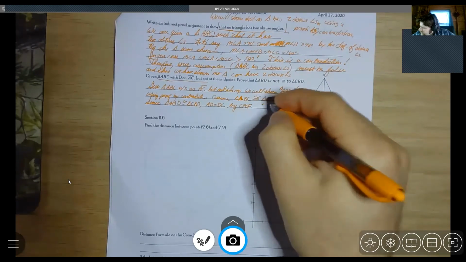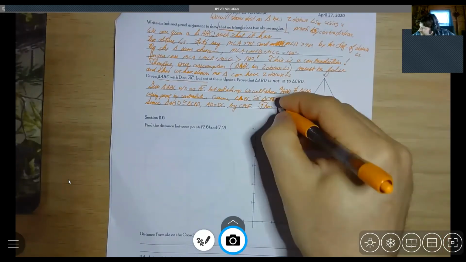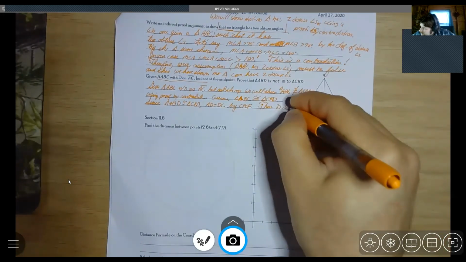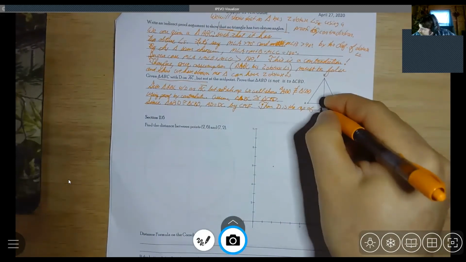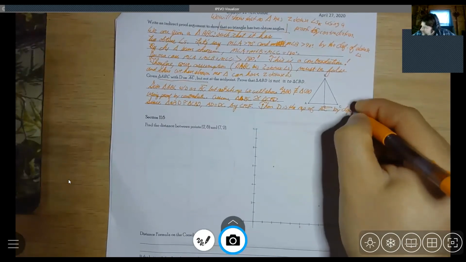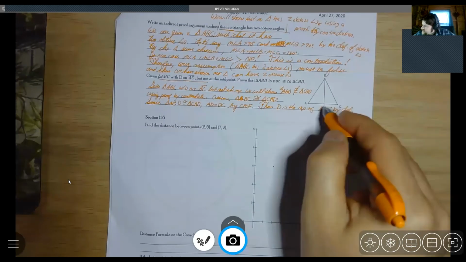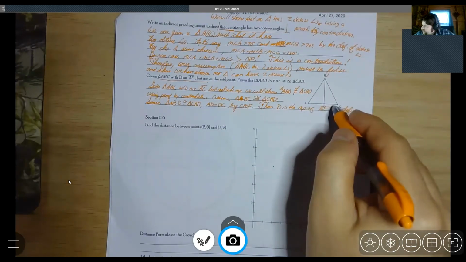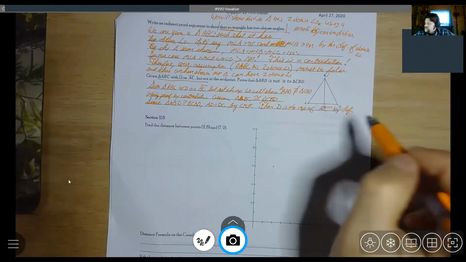Then D is the midpoint of AC by definition, because the definition of midpoint says that D has to be on AC such that AD is DC, and that's what we have.